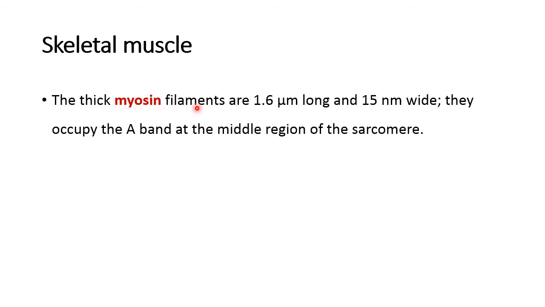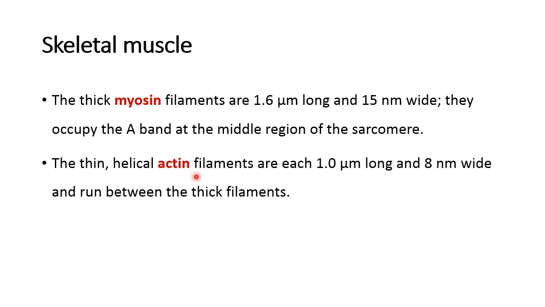The thick myosin filaments are 1.6 micrometer long and 15 nanometer wide, and they occupy the A band, the middle region of the sarcomere. Okay? We know the A band sits in the middle of the sarcomere, which runs from Z disk to Z disk. The A band, the darker region, is in the middle. The myosin is found there in the A band.